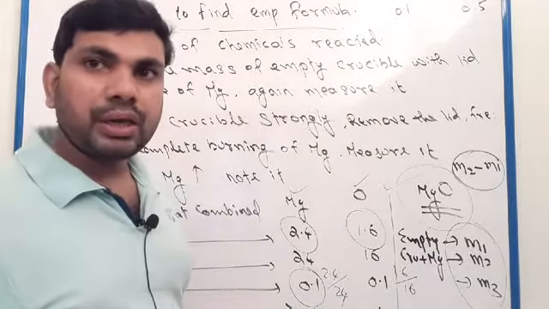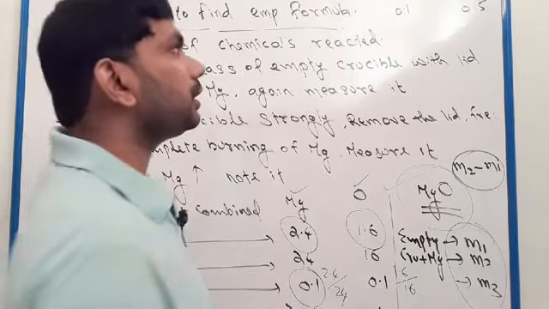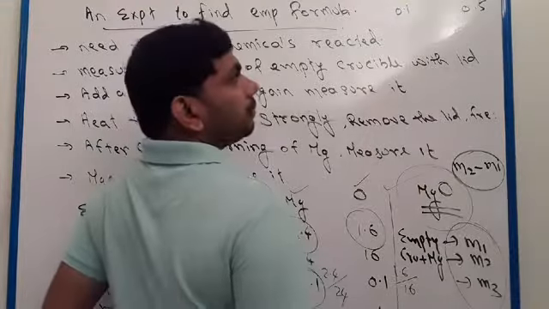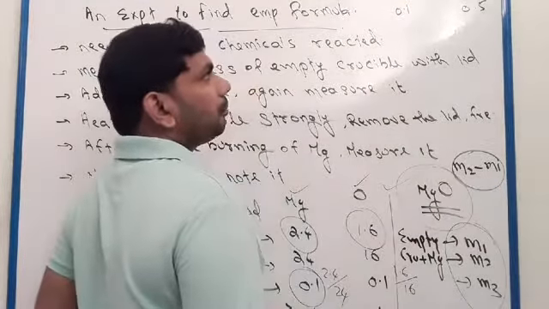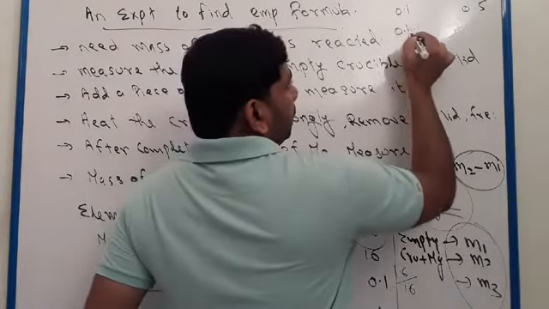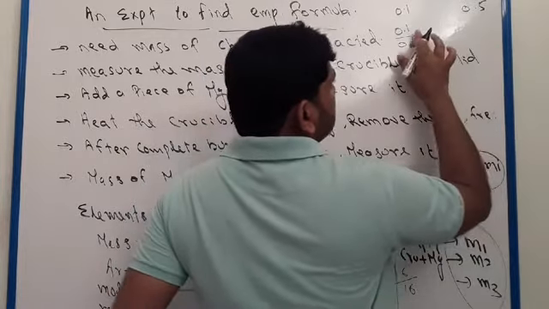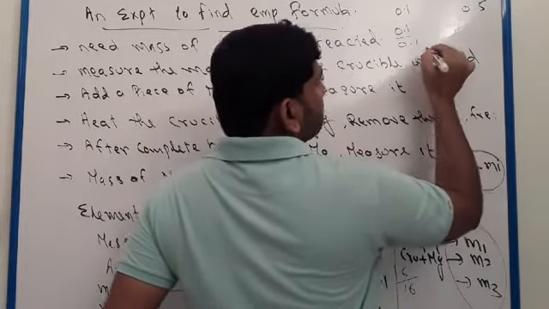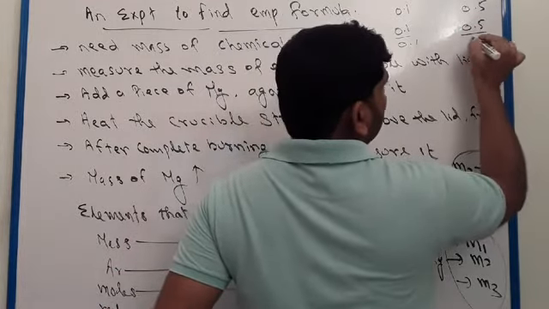So what you have to do here is remove the fraction. How can you remove the fraction? Take the lower number and divide all. So here 0.1 divided by 0.1, and 0.5 divided by 0.1.